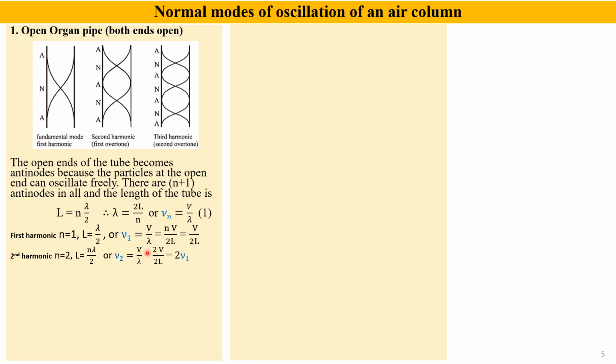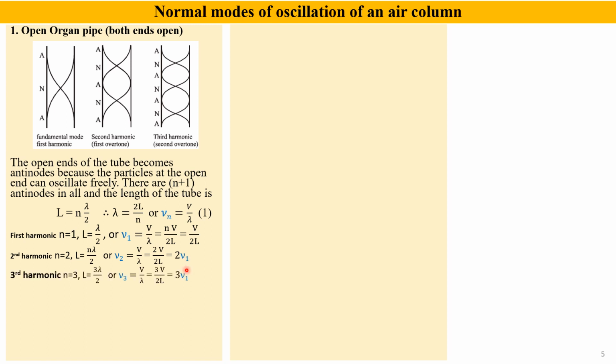So v by lambda can also be written as v by L, because lambda is equal to L. Multiplying and dividing by 2, we get 2v by 2L, but we know that v by 2L is nu 1. Therefore, nu 2 will be equal to 2 nu 1. That is the second harmonic, nu 2, equals 2 times the first harmonic, nu 1.